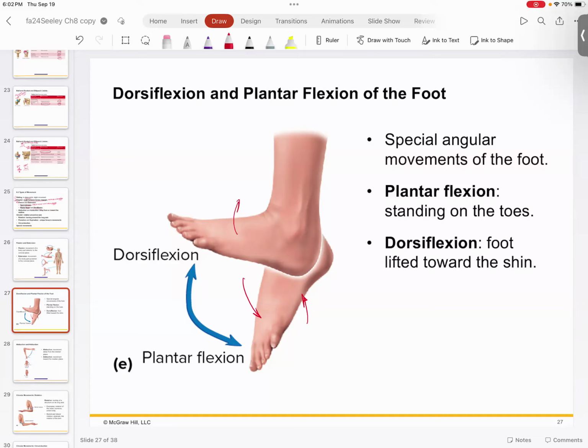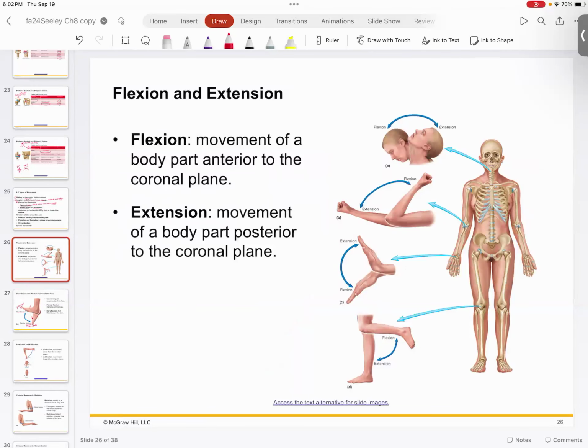Notice you're pointing. So they're both flexion in this case. They say plantar flexion because you're pointing toward your plantar, which is the sole of your foot, and dorsiflexion because you're pointing toward the dorsal.